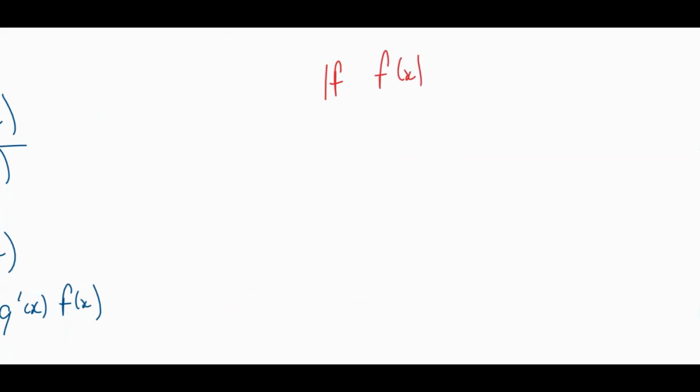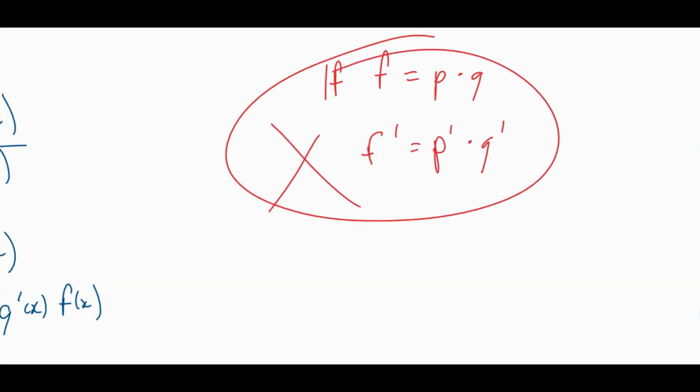If f at x is, actually I'm going to do it really sloppy here, p times q, then people think the derivative of f is just the derivative of p times the derivative of q. And this is not true. It's not correct. I think most people know that it's not true.